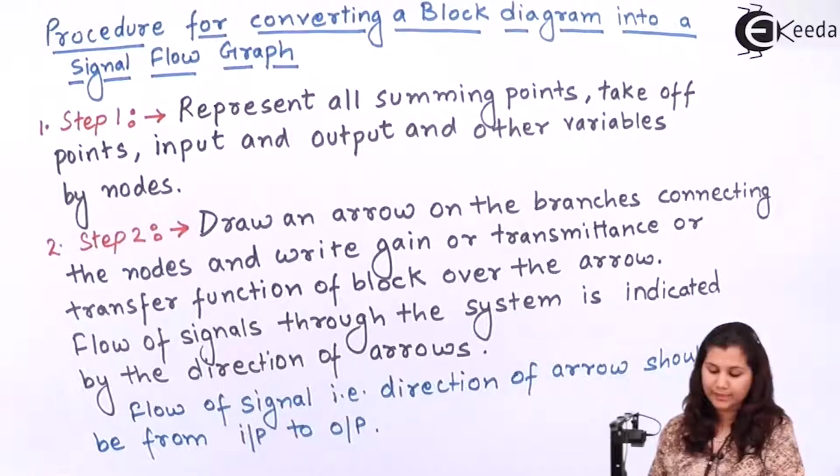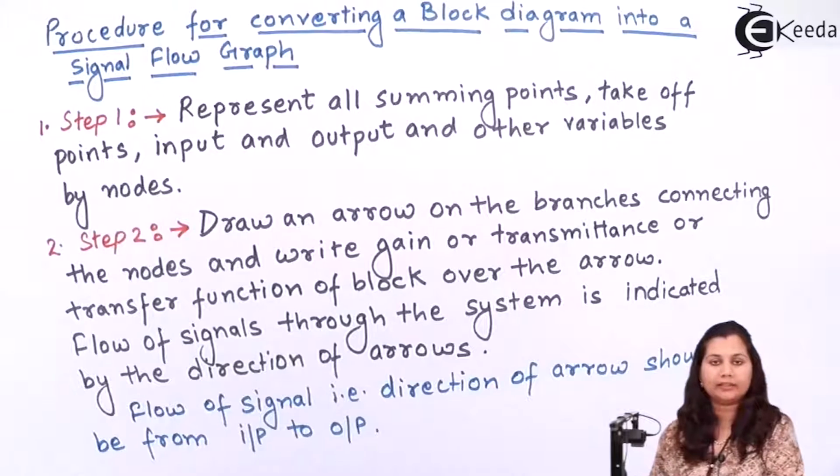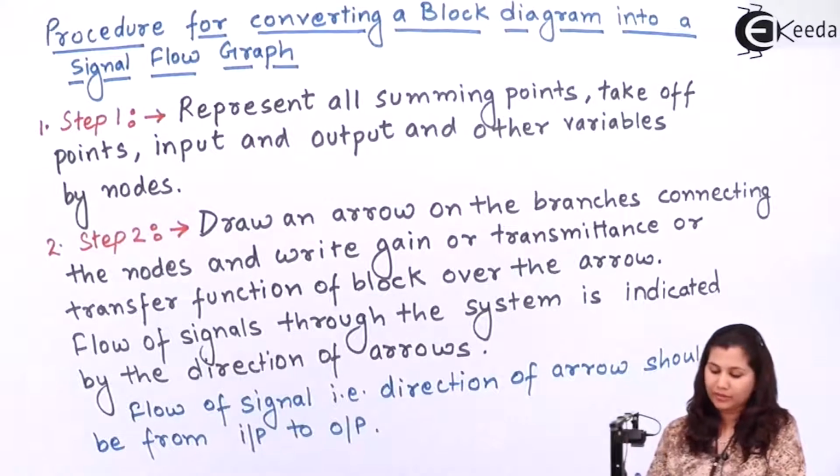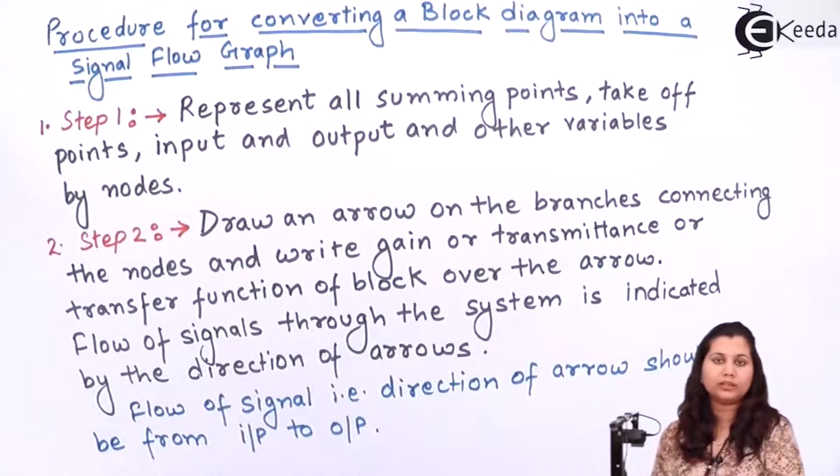Now the third step is, you have drawn the summing points and takeoff points, represented them in the form of nodes, connected the nodes with branches, and marked the branches with their respective gains or transmittance. So now you have to represent all the feedback signals.